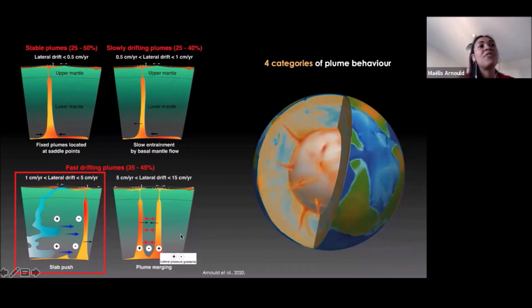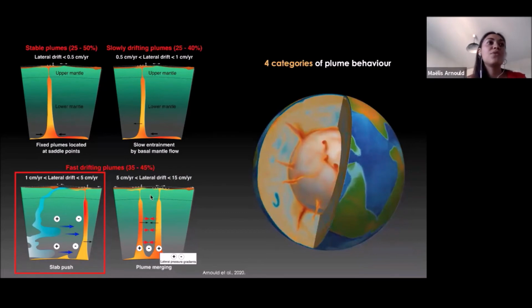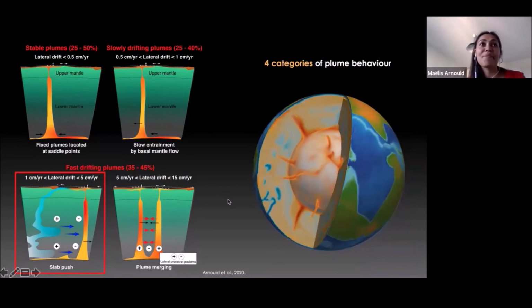And the fastest plumes were plumes that are merging together. And this can create 5 to 15 centimeters per year motions that we could see at the surface due to the fact that they are attracted to each other.